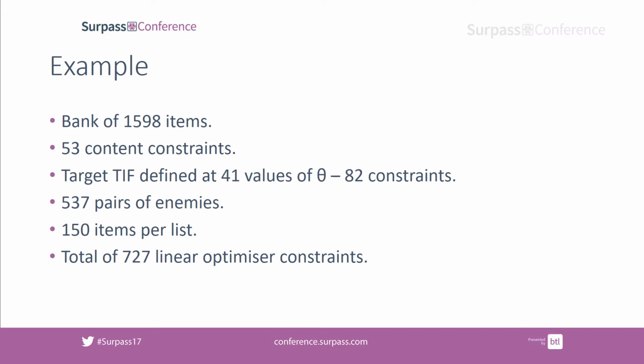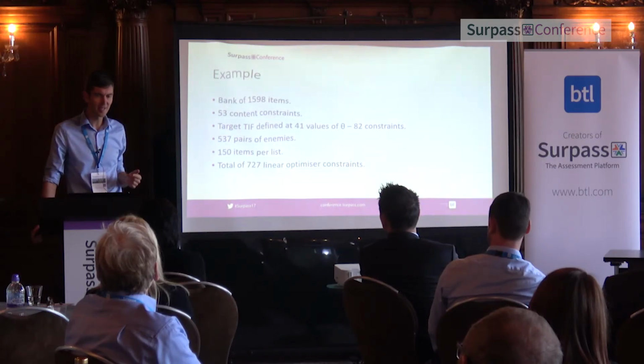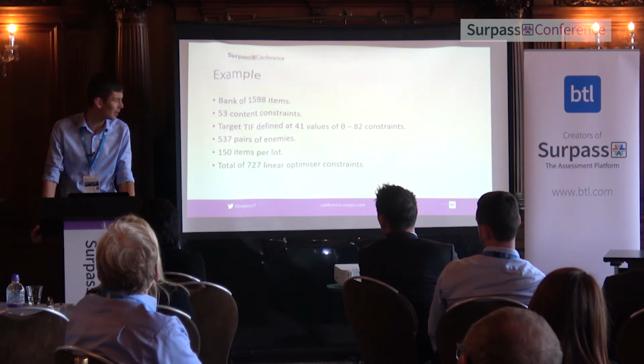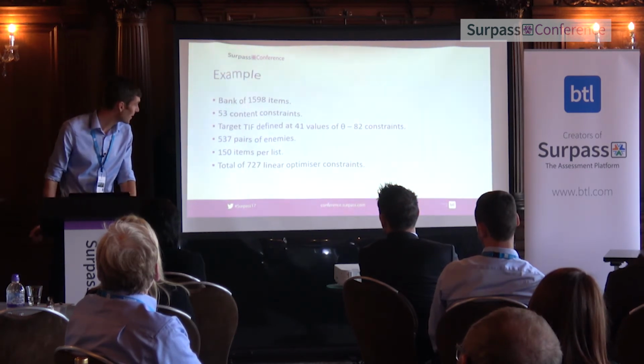So just under 1,600 items, 53 content constraints. The target TIF was defined at 41 different values of theta, so that's 82 constraints, top and bottom. 537 pairs of enemies. I think that's slightly different from what Leanne said. I don't know whether I counted mine slightly differently, but it was the same set of rules anyway.